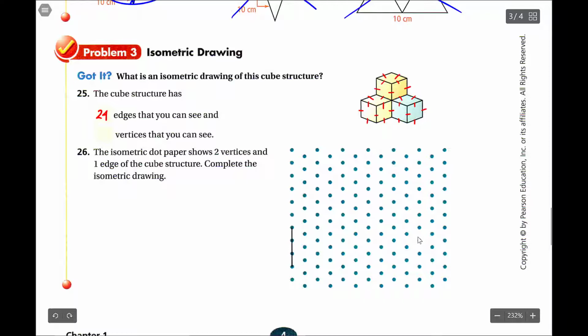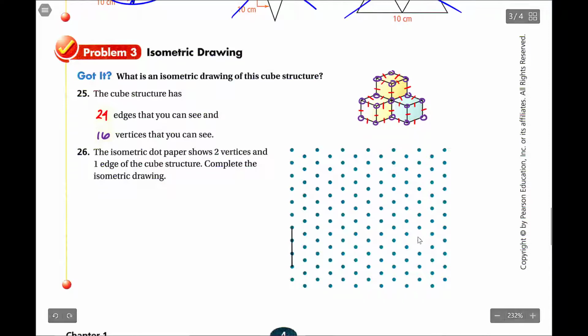And then we want to count how many vertices that we can see. We have 1, 2, 3, 4, 5, 6, 7, 8, 9, 10, 11, 12, 13, 14, 15, and 16. We have 16 visible vertices. So the isometric paper that we have here for 26 is going to allow us to draw that figure that we see above.